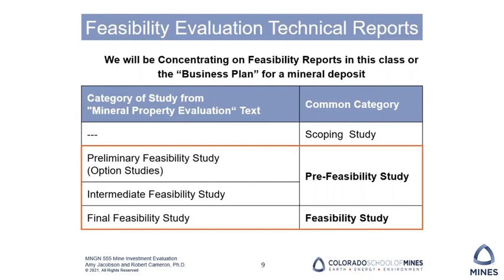Once those have been conducted and you settle on a preferred plan, then you move into an intermediate feasibility study. Commonly, this is really known as the pre-feasibility study. Once those are completed, you move towards a final feasibility study, or basically just the commonly termed feasibility study.